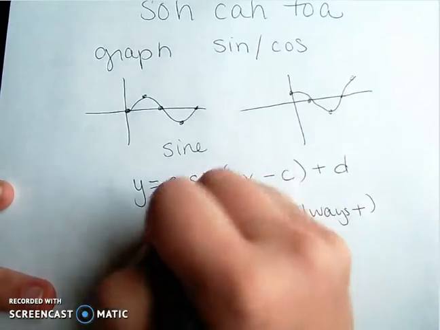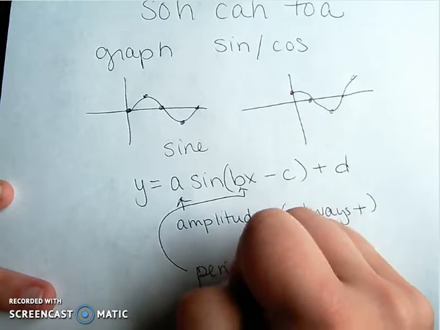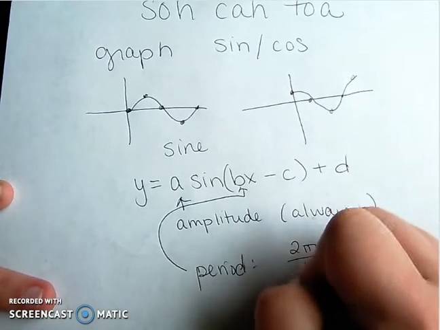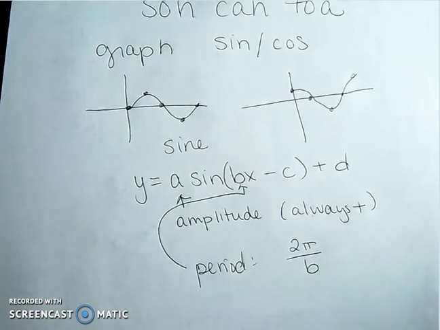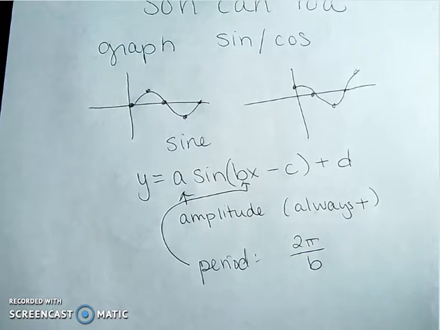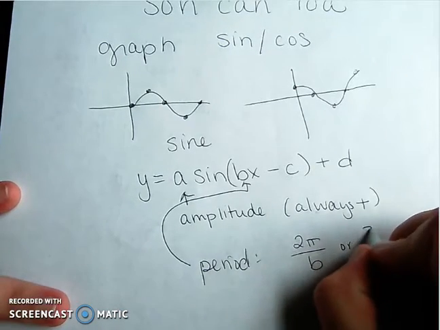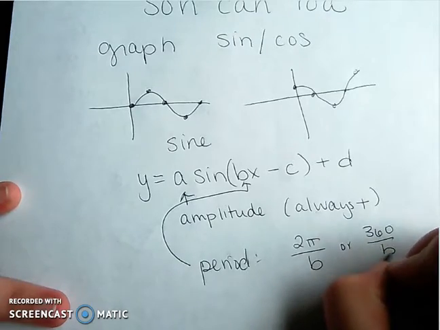And then our B helps our period change. So remember, that's 2 pi over B. You will be asked questions for sure that ask you how long a period is, how big is the amplitude of a sine graph or cosine graph. So just remember 2 pi over B, or 360 over B if it is in degrees.